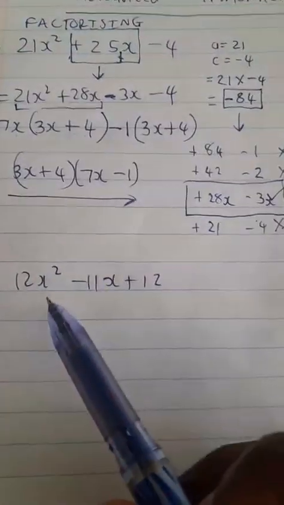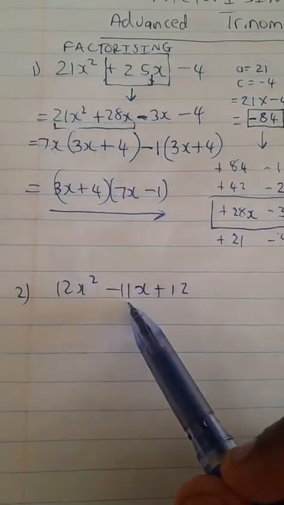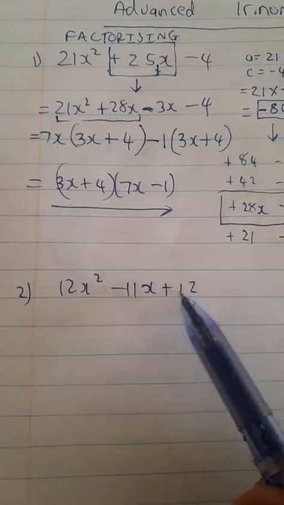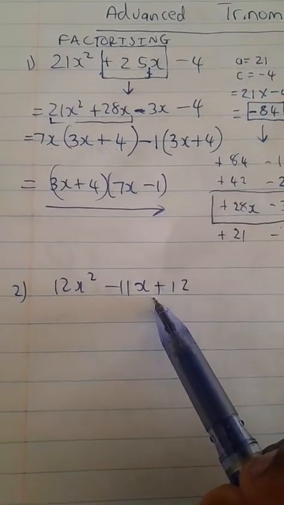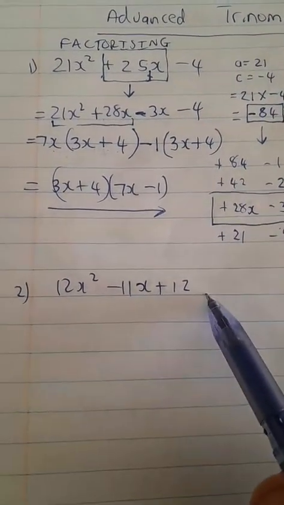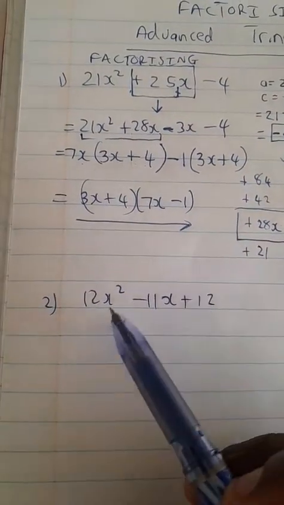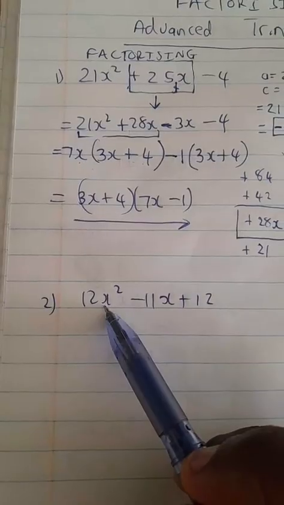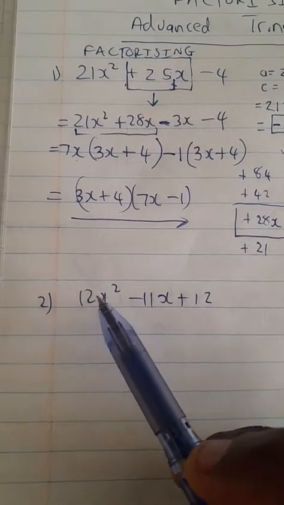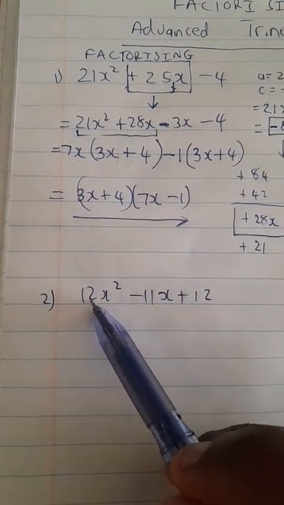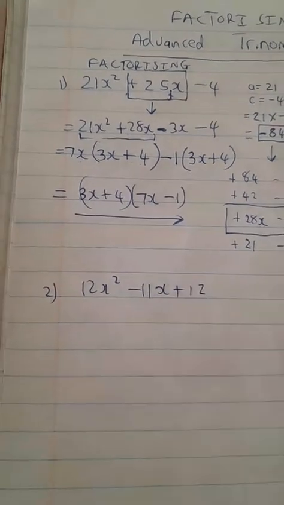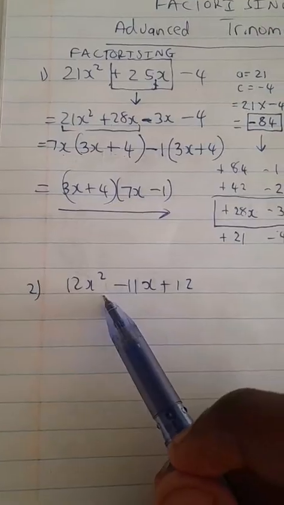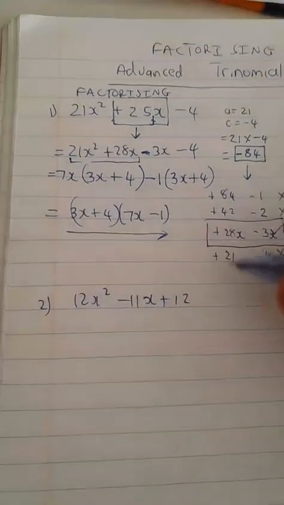So here we go again. 12x squared minus 11x plus 12, guys. 3 terms, right? In the form ax squared plus bx plus c. Highest common factor is 1. We still have a coefficient of 12 because there's no highest common factor that we can take out, whereby the first term will be x squared. So what then do we do?